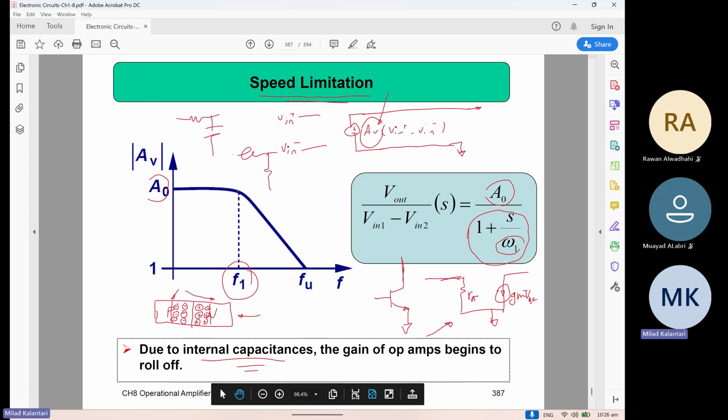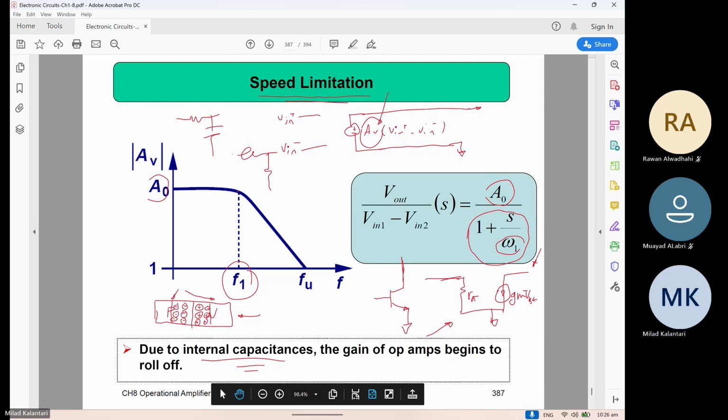We were ignoring this junction capacitor. We call it an internal capacitance or a parasitic capacitance, because we don't like it, so we call it the parasitics. Originally, we don't want to have it. We want very broadband gain for all frequencies, but they are there.